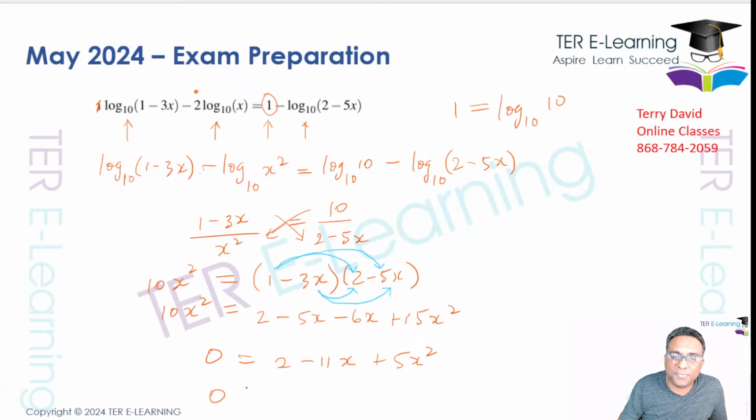Could you all factorize this for me if it can? 5x squared minus 11x plus 2. Could that be factorized?